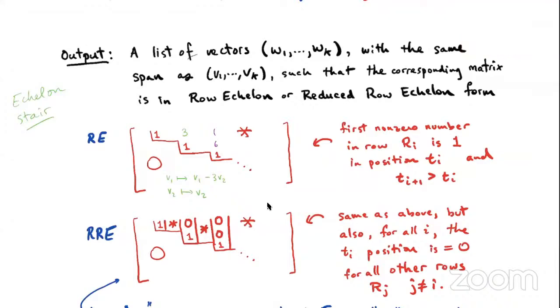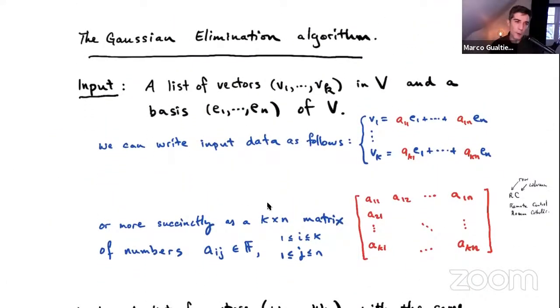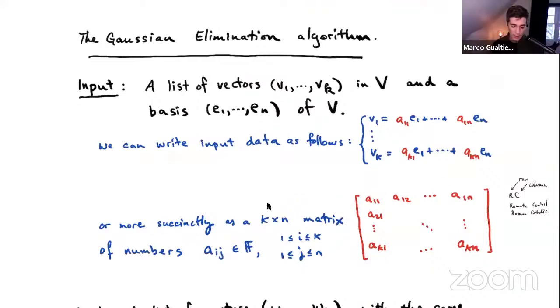Yeah, may I ask, what's the relationship between the matrix and the vector space, or can we view the matrix as a vector space? Okay, so the answer to your question is at the beginning of this slide. The meaning of the matrix is that it's expressing this list of vectors in terms of a basis for V. So for example, if V has dimension n, then this will be a k by n matrix.